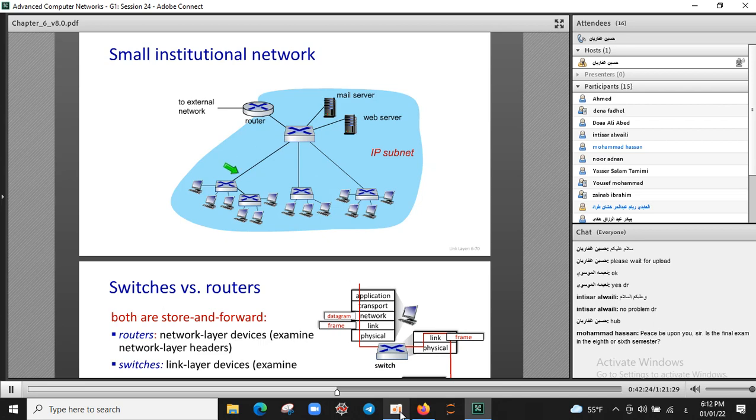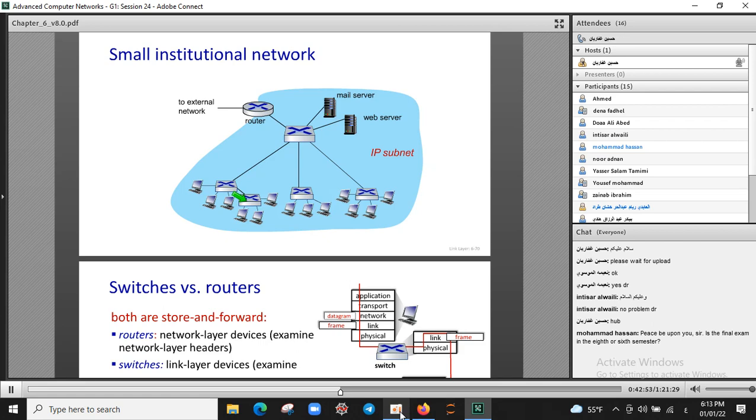And on the other side, it connects to switches in different faculties. And those switches may be connected to switches in another layer. So here you can see a hierarchy of switching inside the university.